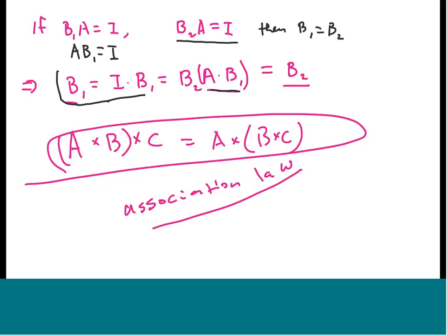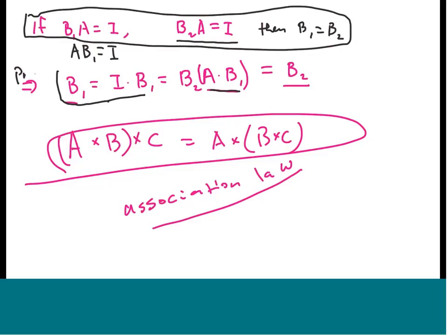This is what we need to prove. So the proof goes like this. B1 equals I times B1. Then you replace I by B2A, then get B2 times A times B1. Then A times B1 is I again, so you get B2 times I, so you get B2.